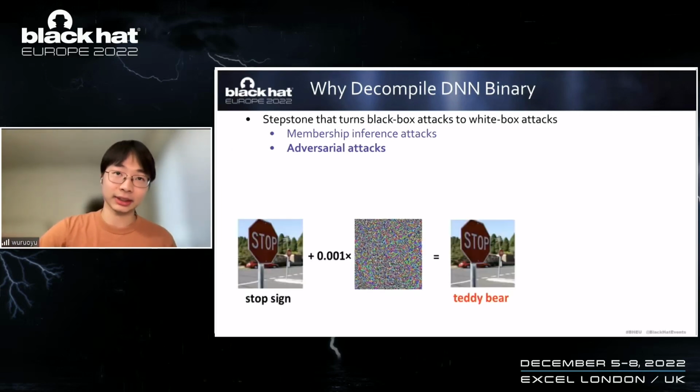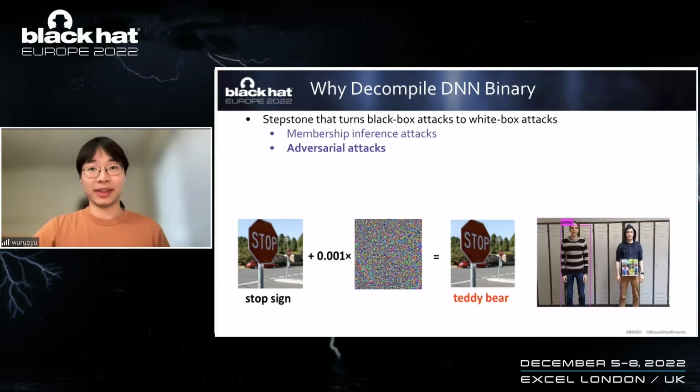For instance, the figure demonstrates that after adding some imperceptible noises to an image of a stop sign, a DNN model will misclassify the stop sign as a teddy bear. And the figure on the right shows that an object detection model cannot recognize the person who is wearing carefully designed clothes.